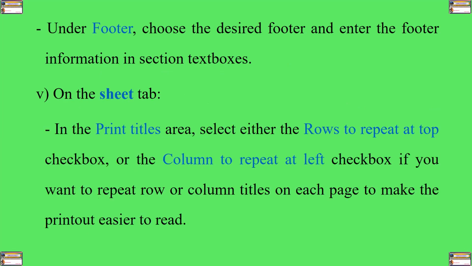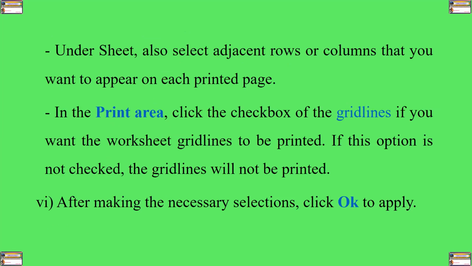Then on the sheet tab, in the print titles area, select either the rows to repeat at top checkbox or the column to repeat at left checkbox if you want to represent row or column titles on each page to make the printout easier to read.